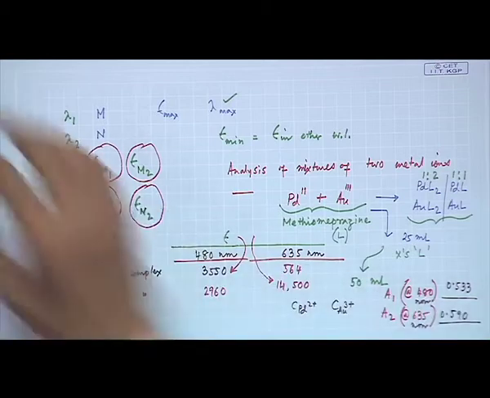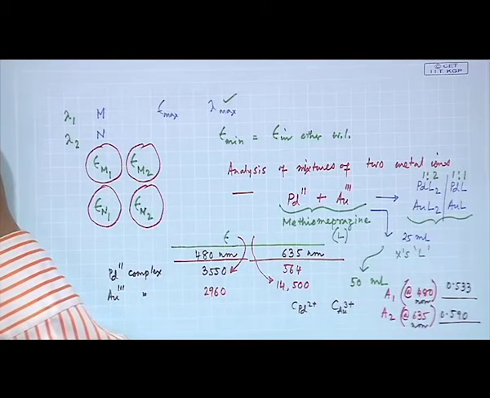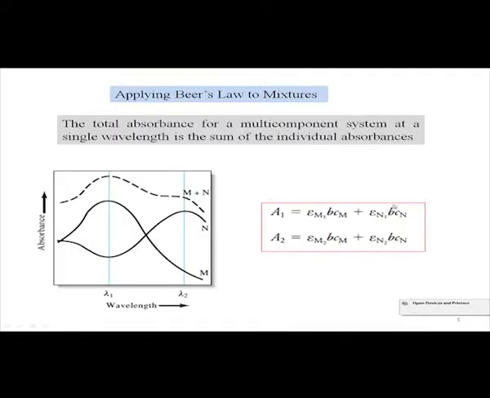Okay. So, this we have seen in these two consecutive equations. What we see here is that Cm is here, Cm is also here, Cn and Cn. So, you have two unknown quantities.